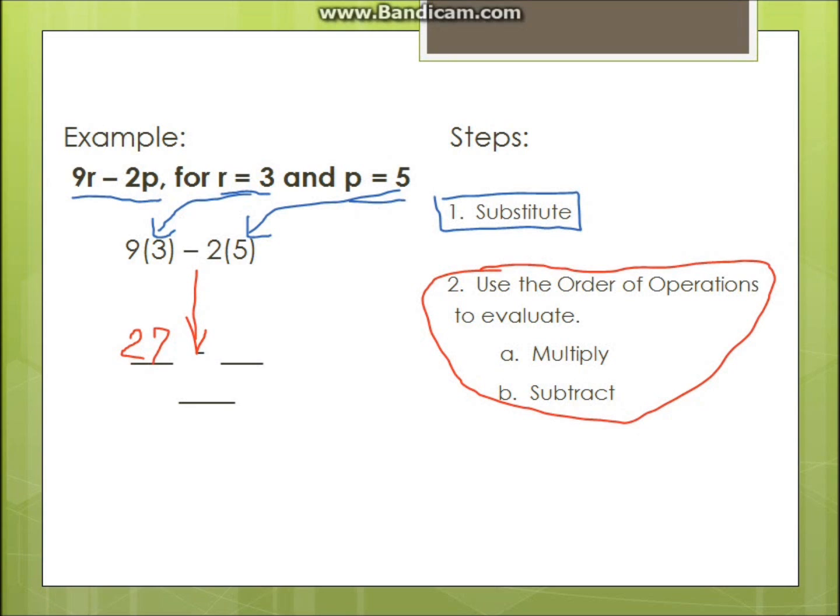And then 2 times 5 is 10. So now all I need to do is the last thing, which is subtract. So 27 minus 10 is 17. And we have our answer right there.